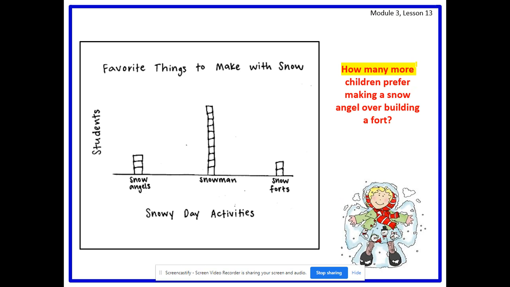How many more? Here we have our keyword again. So what are we going to do, boys and girls? Yes, subtract. So how many more children prefer making a snow angel over building a fort? So we're only looking at snow angels and snow forts. So we know there were 3 students that voted for building snow angels and only 2 for building a snow fort.